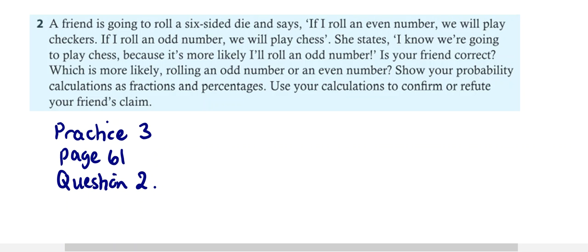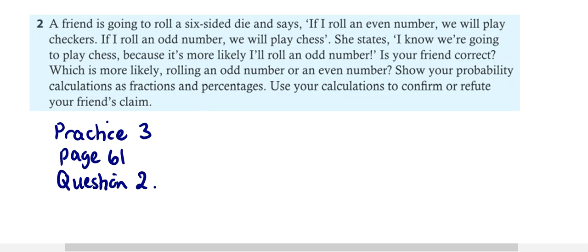A friend is going to roll a 6-sided die and says, if I roll an even number, we will play checkers. You all know what checkers is? Yeah. I used to call it drafts when I was younger. English people call it drafts. If I roll an odd number, we will play chess. She states, I know we're going to play chess because it's more likely I roll an odd number.